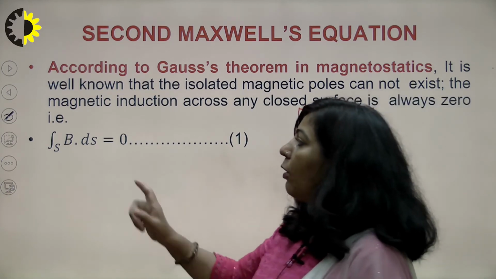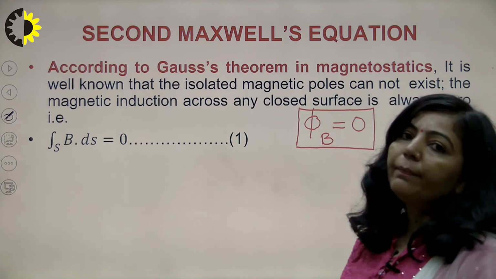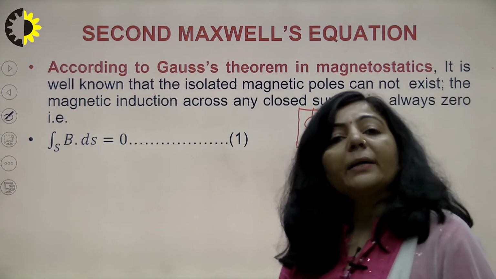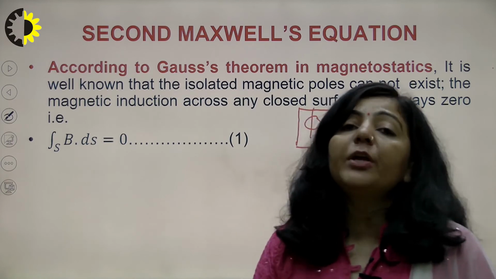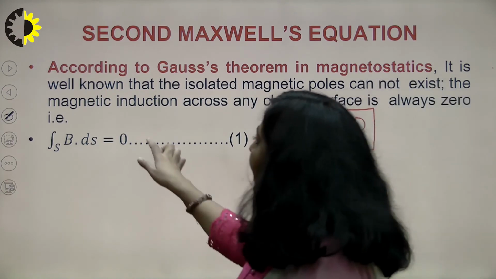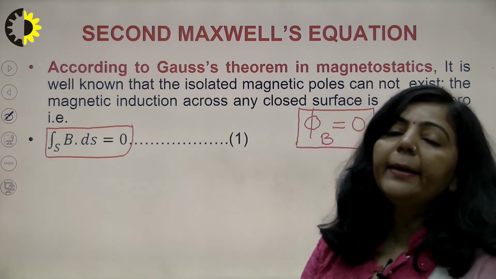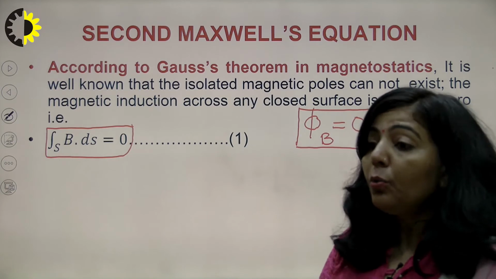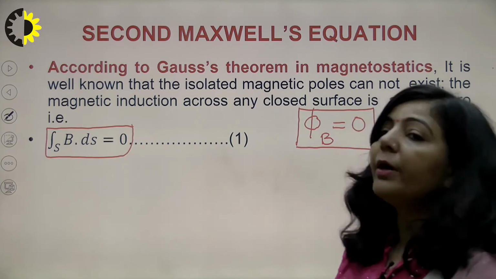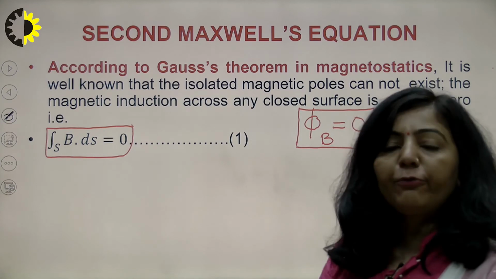In integral form, you can write it as the surface integral of B equals 0. Since Maxwell equations are differential equations, and you can see in this equation that there is no other term which you can write in integral form, you have to convert this equation into differential form. You have to obtain that differential form here.